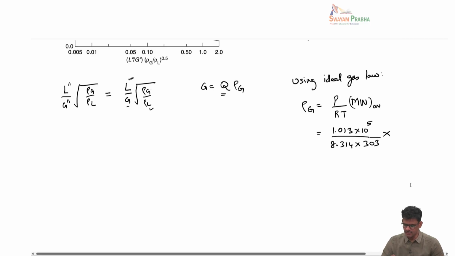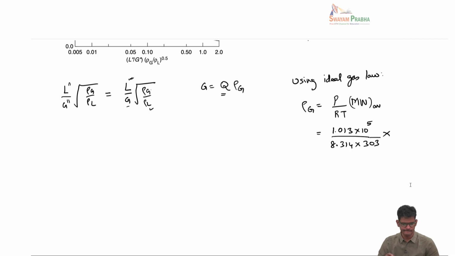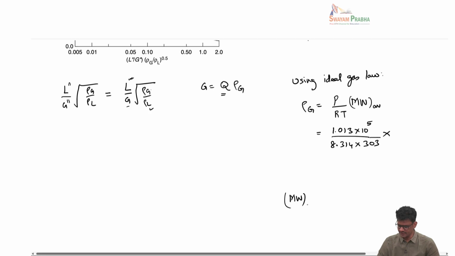And what about the average molecular weight? To calculate it, the gas has about 93% air, so I will use the air molecular weight, which is 29, times 93%, plus 7% of SO2 with its molecular weight 64.